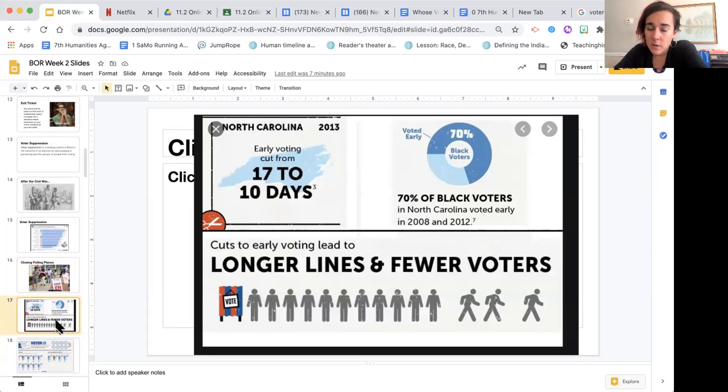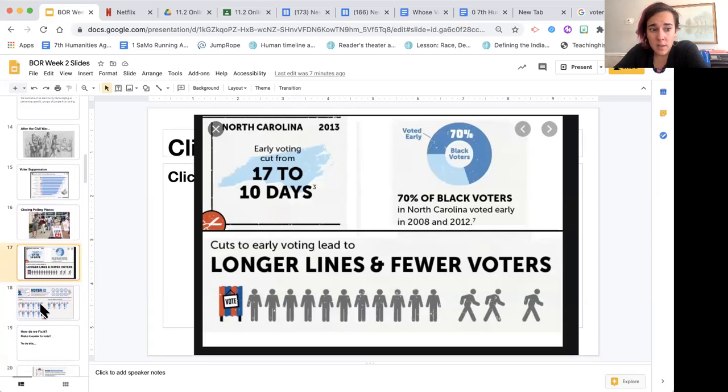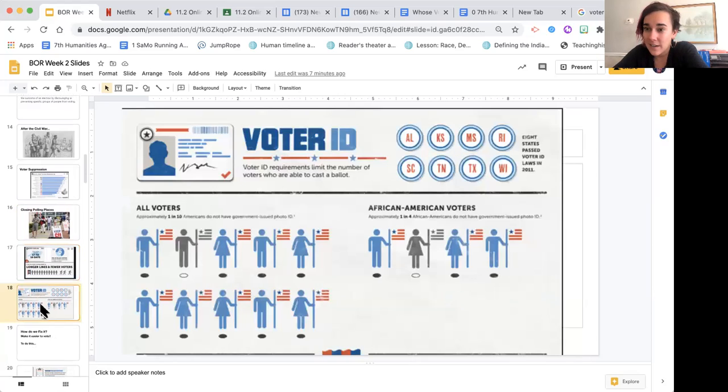But now we're going to focus on one other big way, because this is something that's been common and you may have even heard of in the news over the last couple of years. This form of voter suppression doesn't sound like voter suppression at first, like a lot of these things, and it's known as voter ID laws.